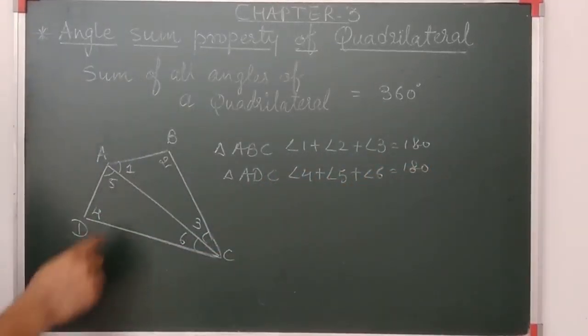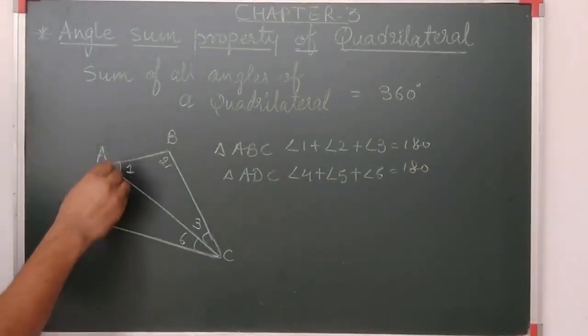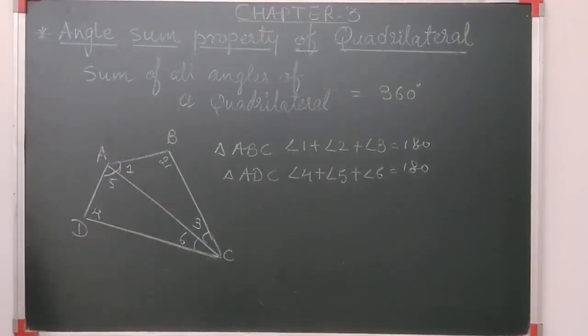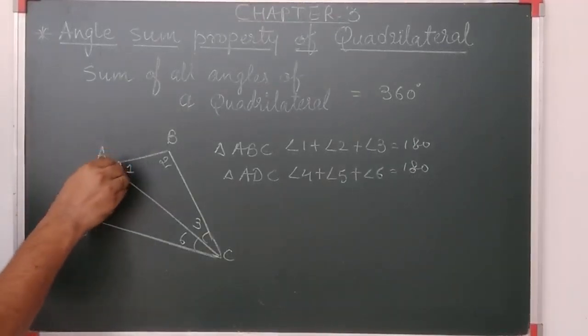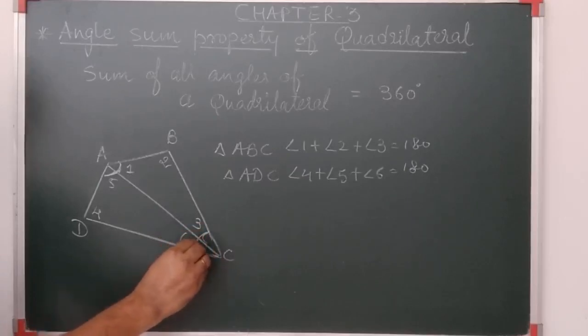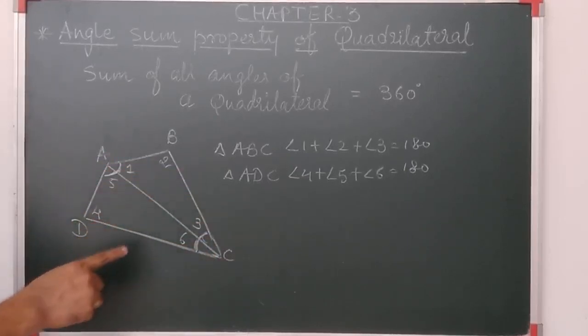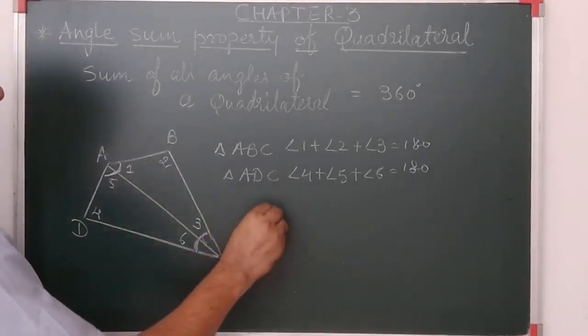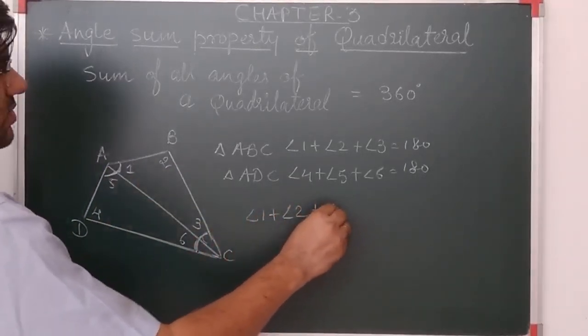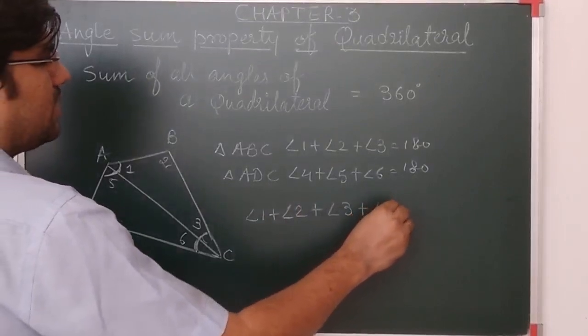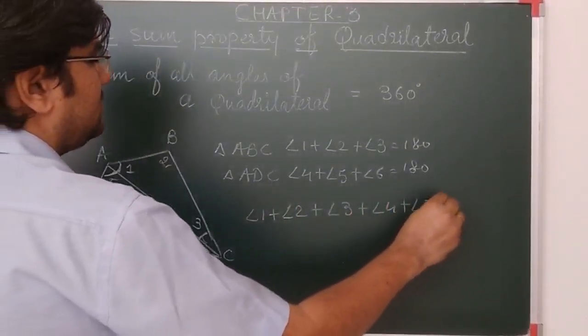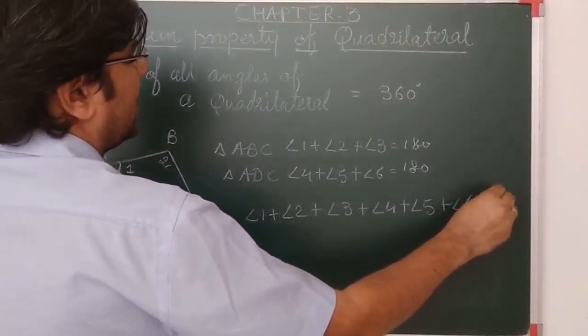You can see that angle 1 plus angle 5 form a single angle of this quadrilateral. Quadrilateral का एक ही angle है. In the same way, 3 plus 6 is a single angle. So when I take the sum of all these angles, that means angle 1 plus angle 2 plus angle 3 plus angle 4 plus 5 plus 6, it forms 180 plus 180.